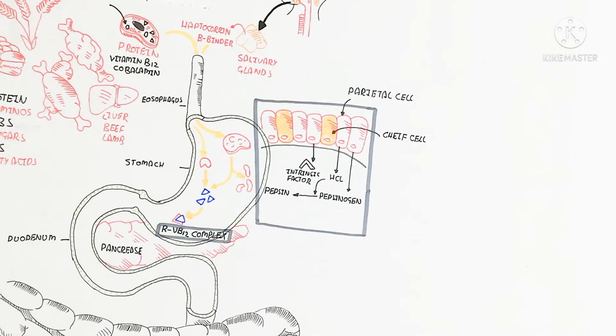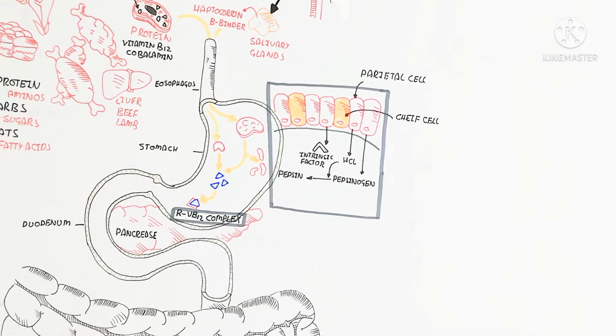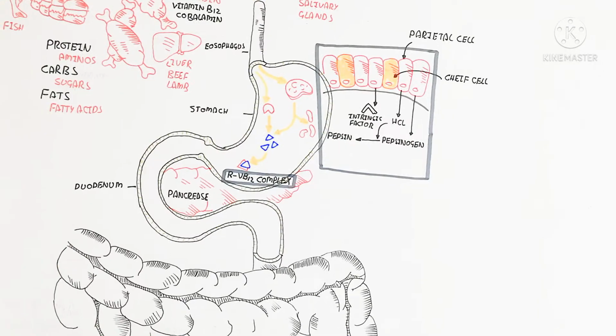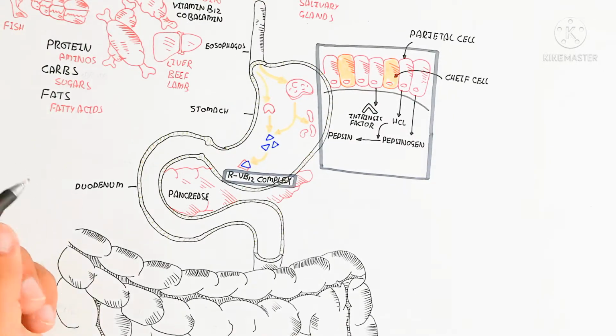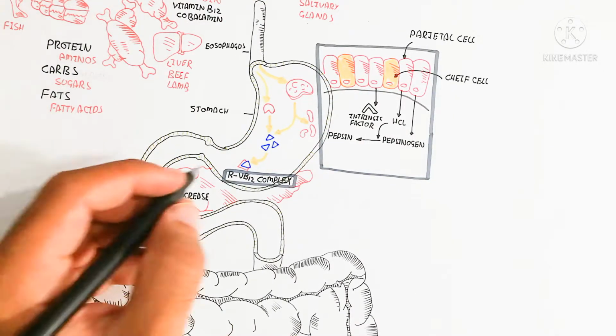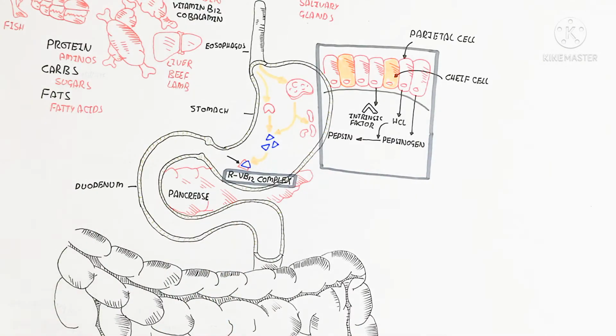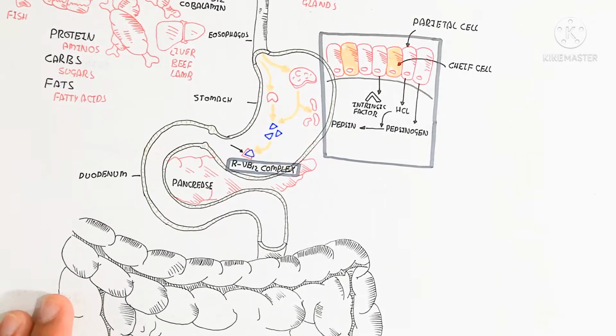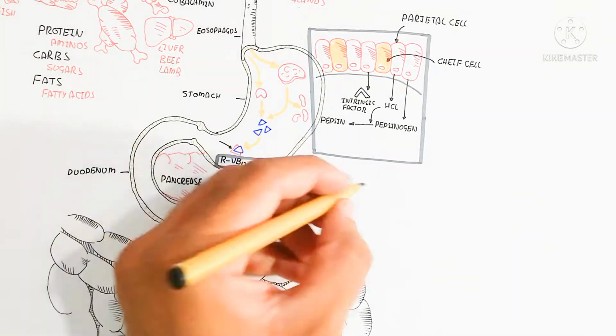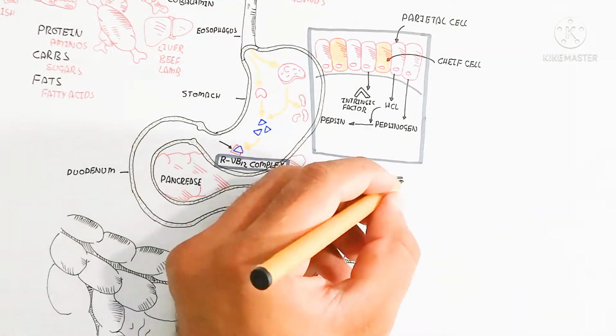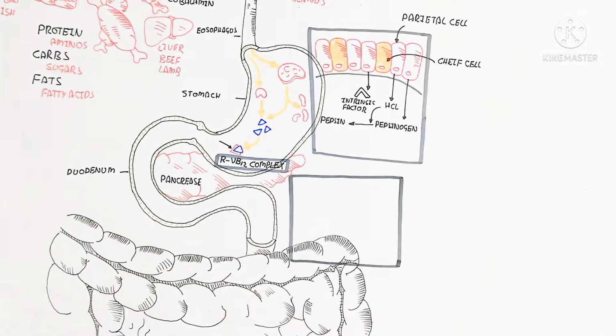This intrinsic factor will bind with the vitamin B12. After the complete primary digestion of the protein, the vitamin B12 is released, and it binds with the intrinsic factor, which is released from the parietal cell.